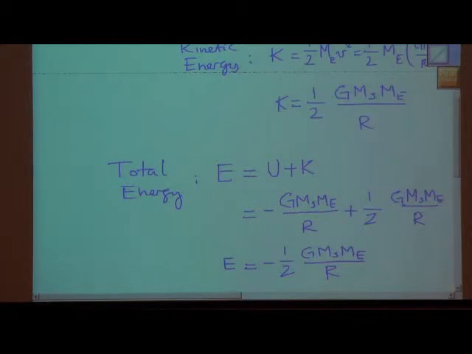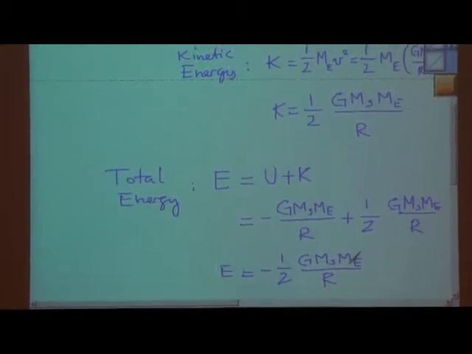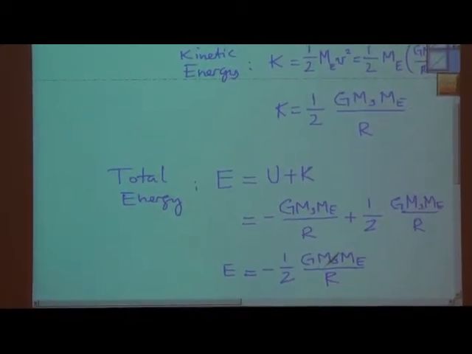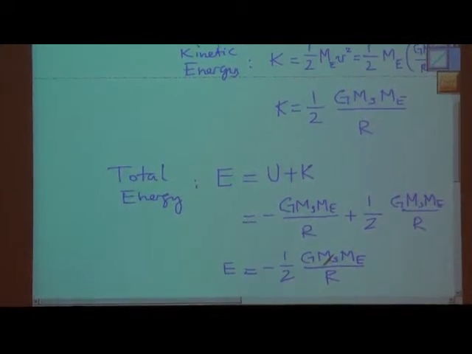Now let's take a look at the potential energy up here, kinetic energy right here, and the total energy. They look so much alike. Just the coefficients and the signs are different. Total energy is simply the opposite sign of kinetic energy.